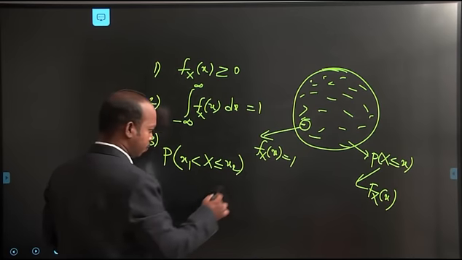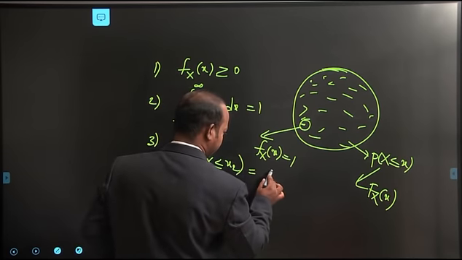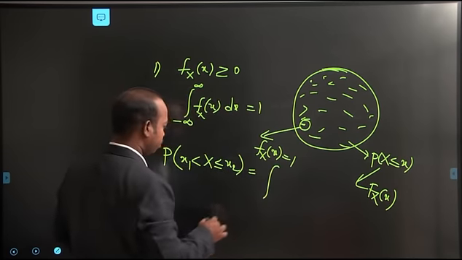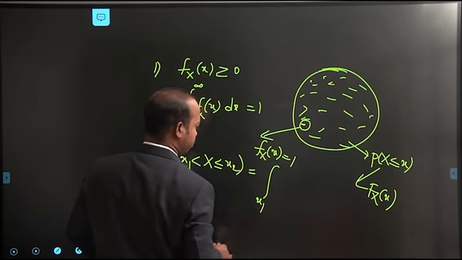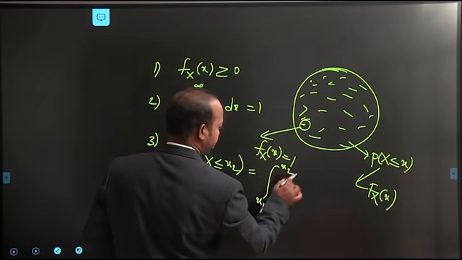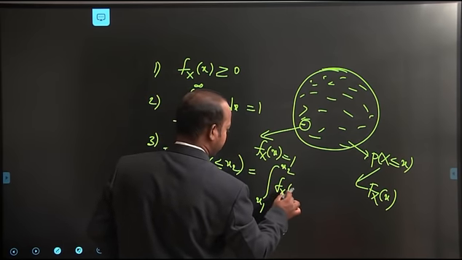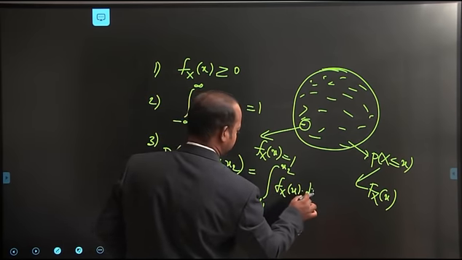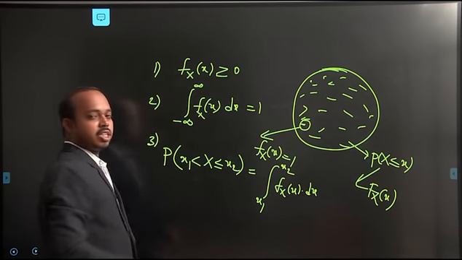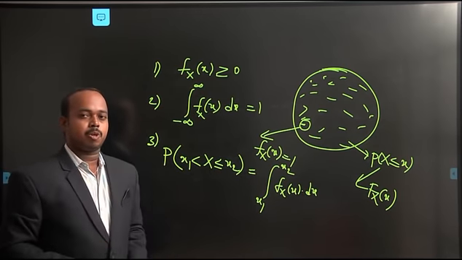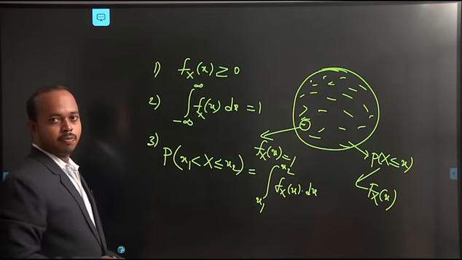But in the case of density function, we write it in terms of an integral over the interval, with the lower limit at the bottom and the higher limit at the top, of f_X(x) dx. These three are the important properties of the probability density function.